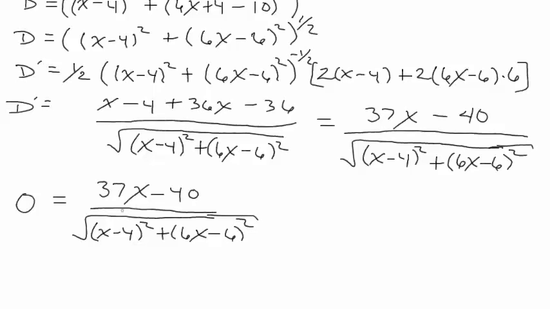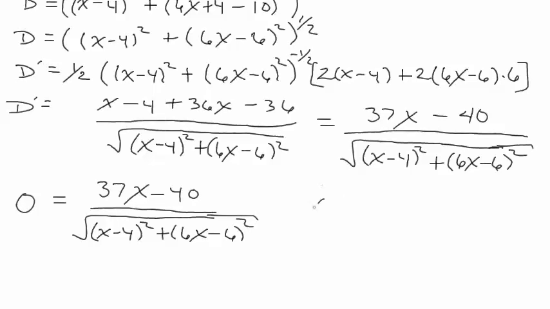Okay? Now, we take the numerator. We don't need to worry about the denominator. Okay? Take the numerator, set it equal to 0. Right? It's going to be the only time this thing's going to be equal to 0. And then solve for x.